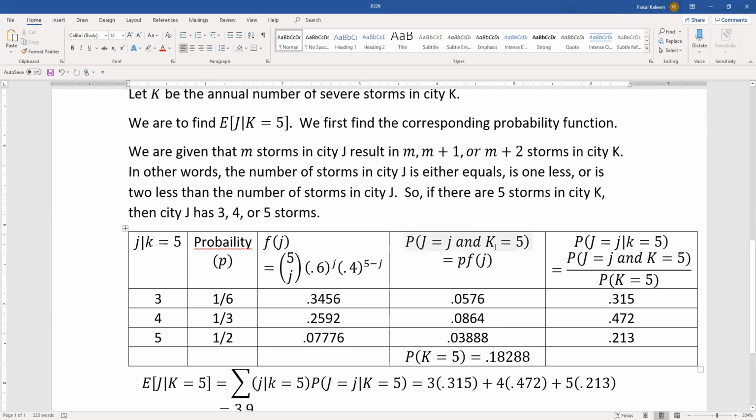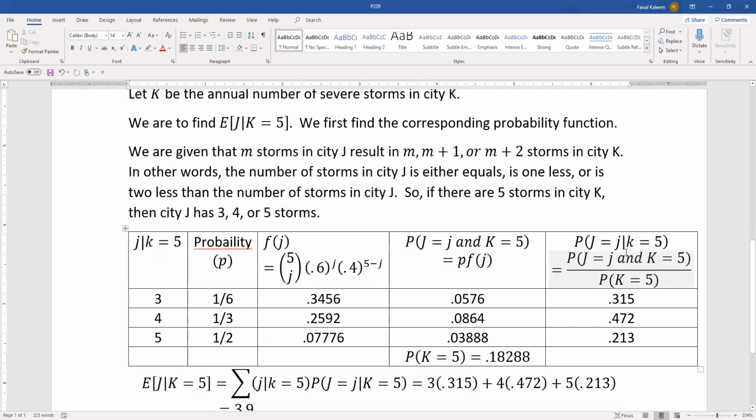K equals 5 can happen with J equals 3, which is this, or with J equals 4, which is this, or with J equals 5, which is this. And therefore, these are the only situations in which K could be 5. So to get K equals 5, you add up these situations and you get that.